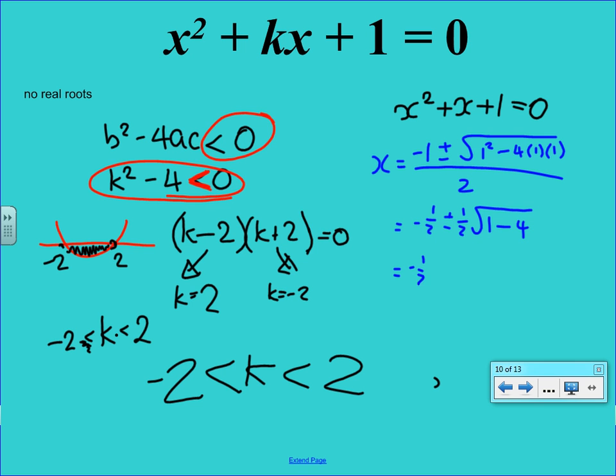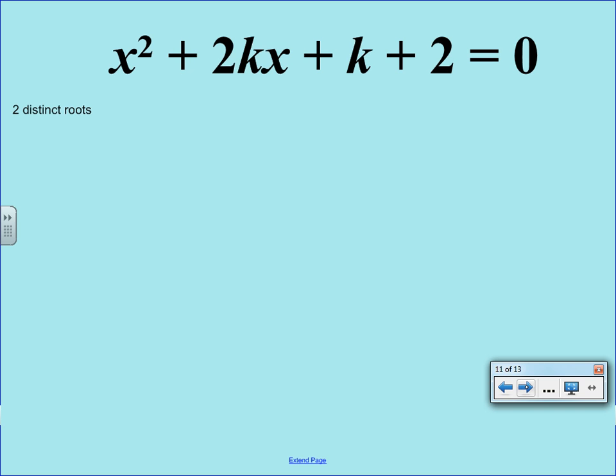So this is where we get stuck, because we can't do the square root of -3. So k is 1 is an example, and -1 as well, of a particular k for which this quadratic has no real roots, but there's plenty of others. Everything between -2 and 2 would do that.